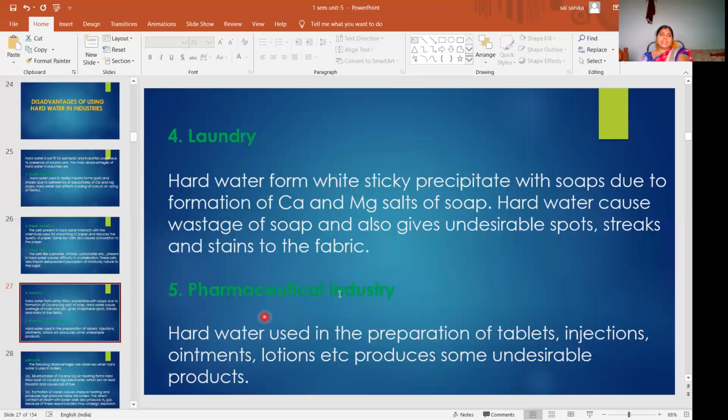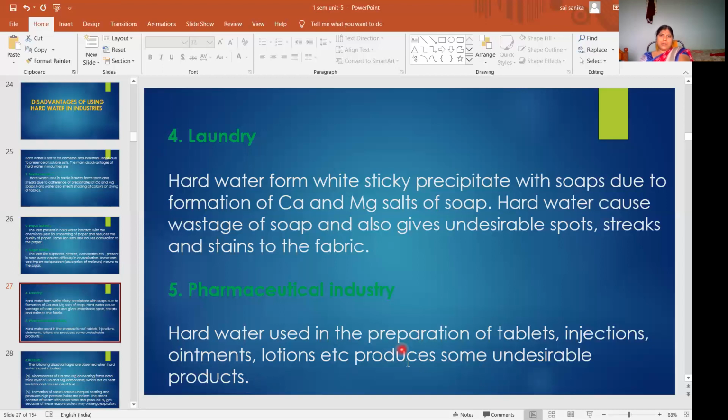Okay, and next come to the fifth industry, that is the pharmaceutical industry. That is tablets, injections, whatever. So when hard water is used in the preparation of tablets, injections, ointments, lotions, etc., it produces some undesirable products. So what is the meaning of this?